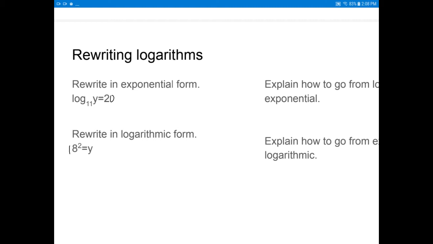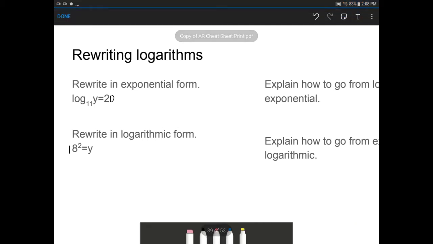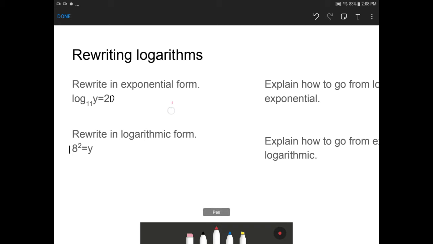Yeah, so for this one, I would do 11 to the 20th power equals y. And for this one, I would do log base 18 of y equals 2. There we go.